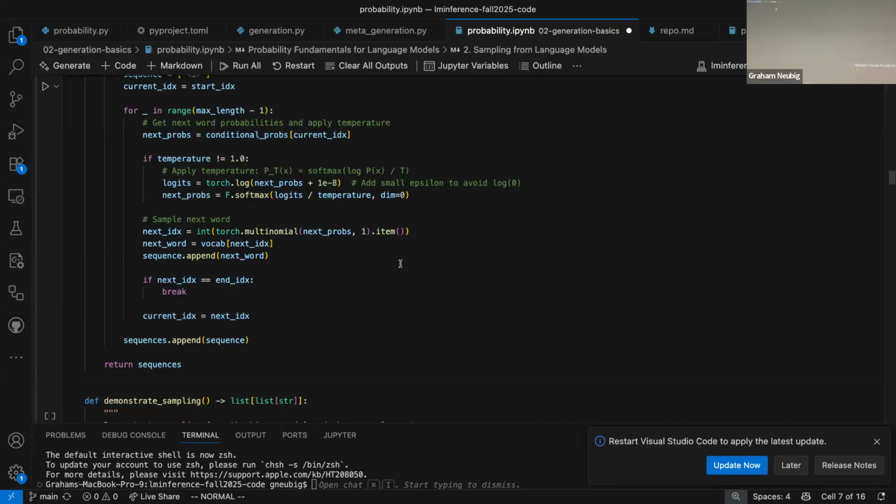But what we do when we have a temperature is we make an adjustment where we take e to the log probability of i, over e to the log probability of j, and then we multiply the log probability by 1 divided by the temperature.